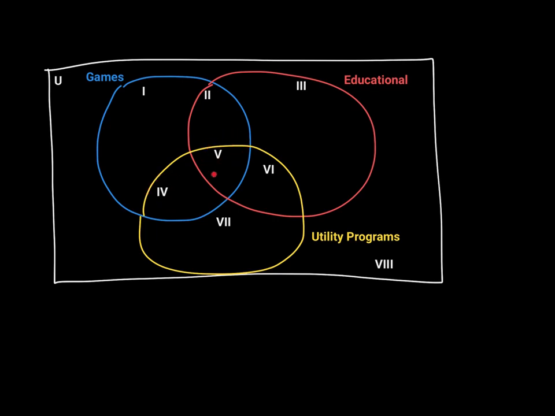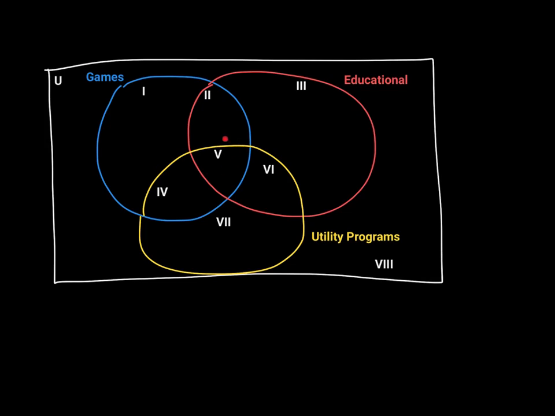Region 5 is the region that we're going to start with, okay? Region 5 are those customers that purchased all three kinds of software. And Region 6 are those customers that purchased educational and utility programs. Region 7 are those that only purchased utility programs. Region 8 are those customers that purchased none of these kinds of software.